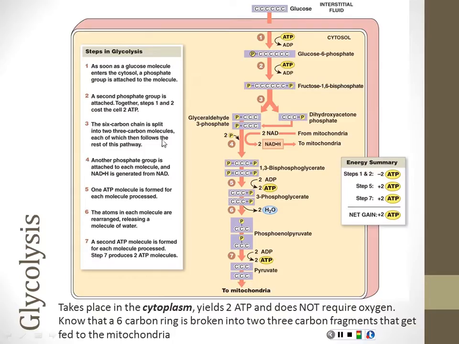if glucose is going, did you talk about glycolysis last semester? I bet you did, where you break glucose into 2 three-carbon fragments and feed it to the mitochondria. The words are different, but I'll give you the short version here, okay? Glycolysis is the use of glucose in the body.